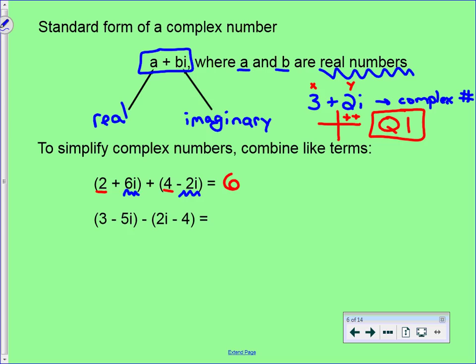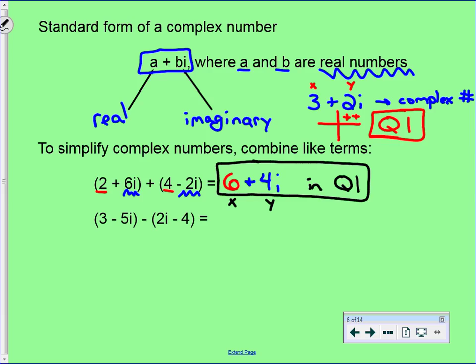So you have 6 minus 2, that will get you a positive 4i. So our final answer in this case is 6 plus 4i. Now as you're looking at that, you're probably thinking, okay, what quadrant is that in? We have a positive x and a positive y, so this lies in quadrant 1.